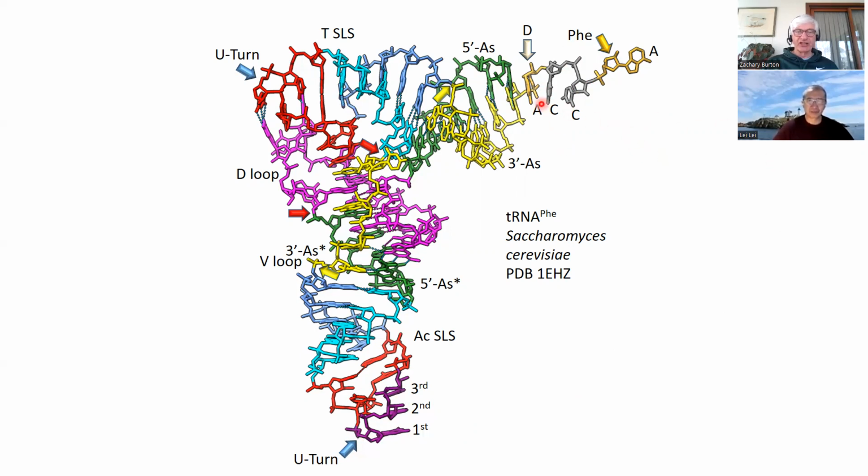Oh, at the 3' end, you have an ACCA. A is the initial discriminator sequence, which then diversifies in tRNAs of living organisms. 2 C's interact with the ribosome and hold, in this case, a phenylalanine next to a growing polypeptide chain, and then you transfer the chain to the phenylalanine, and then you move this tRNA from the A site to the P site and bring in another amino acid attached to a tRNA into the A site on the ribosome to synthesize proteins.